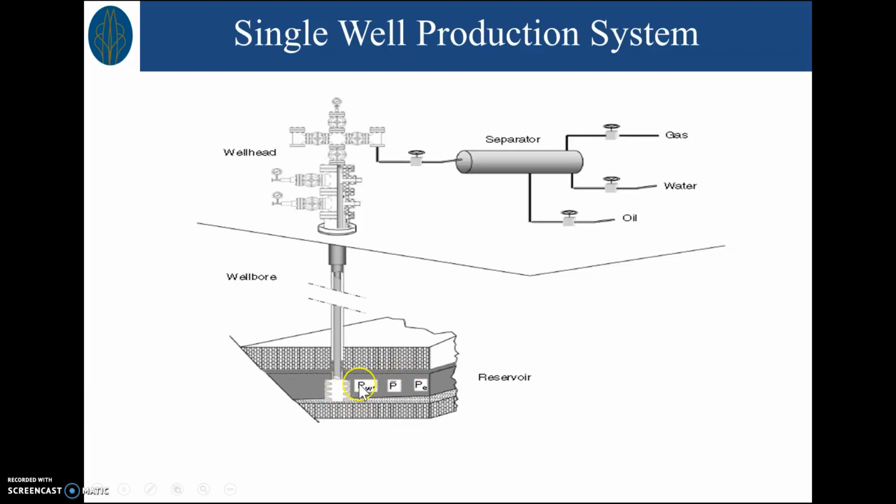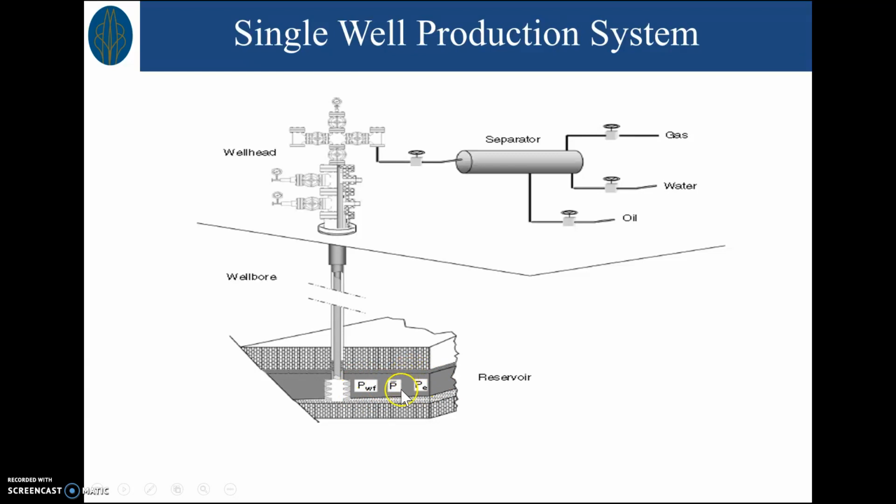Then they should be conducted from the reservoir into the well through what is known as perforation. The pressure will push the fluid through the perforation into the well tubing, depending on the pressure downhole, the well flowing pressure PWF.